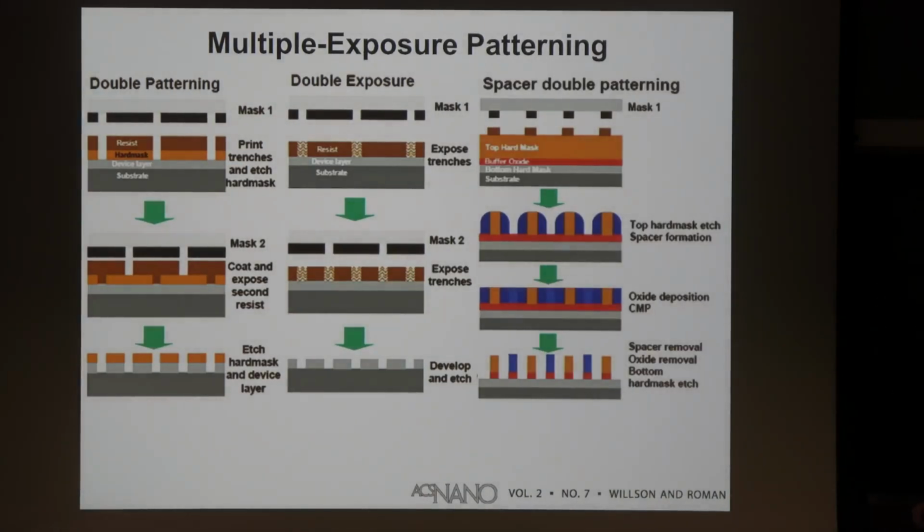Another technique uses the fact that the sidewalls of the polymers, the sidewalls of the photoresist features themselves actually contain information. So you can grow films on sidewalls that become sort of like a secondary resist. In this case, you have your photoresist film and it's patterned, but what you can do is you can make a spacer.